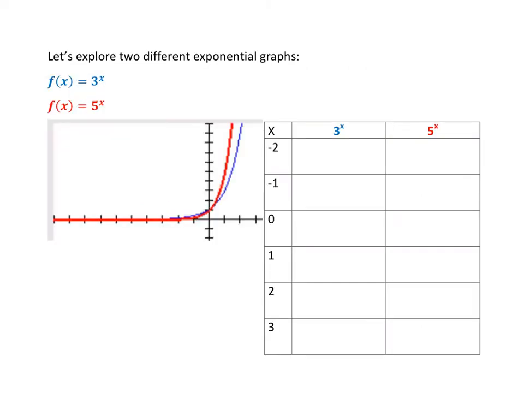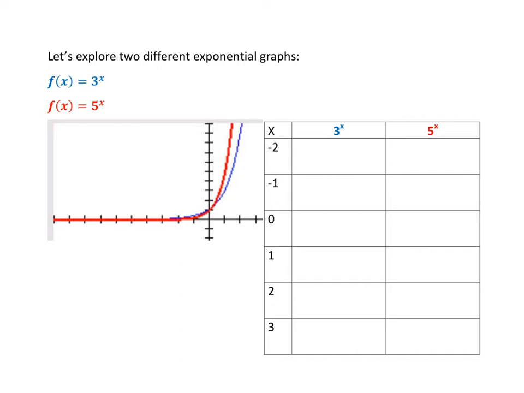If I look at two different graphs, I've graphed f(x) = 3^x and f(x) = 5^x. So two different exponential functions, and we're going to look at what their table of values looks like from -2 to +3.